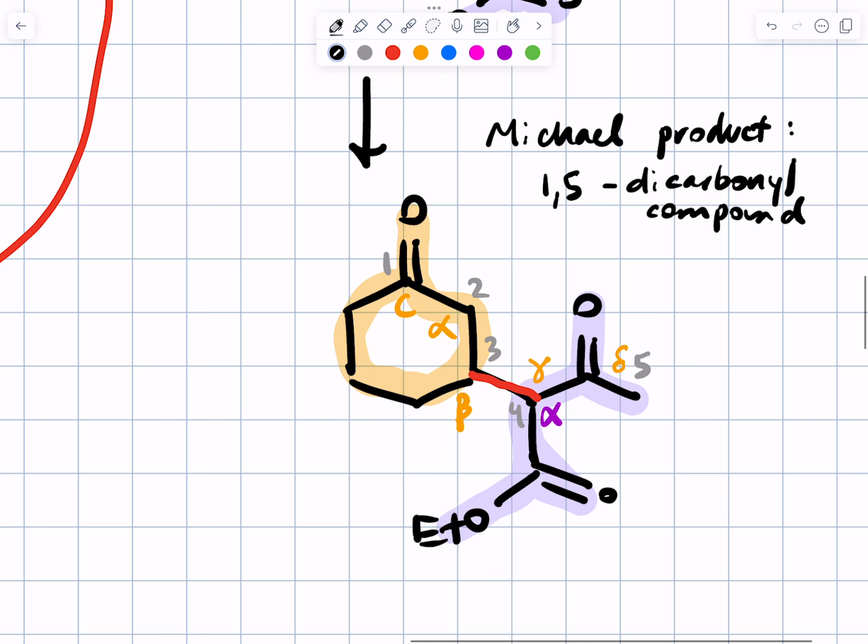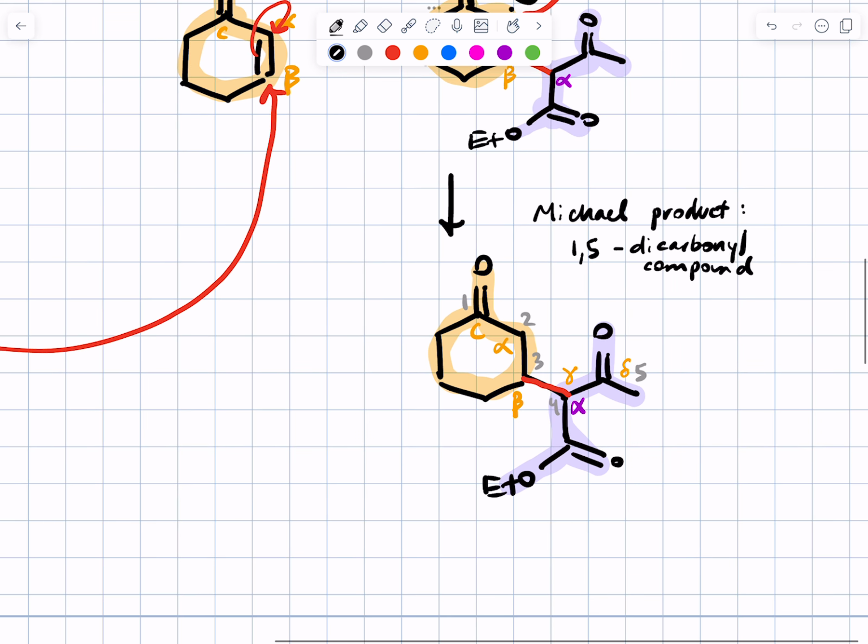Okay, questions about that? Yeah. So it's always reliably a 1,5 carbonyl. Yep, Michael product is always reliably 1,5 dicarbonyl. Good. And then we could take this one step further by adding H3O plus.